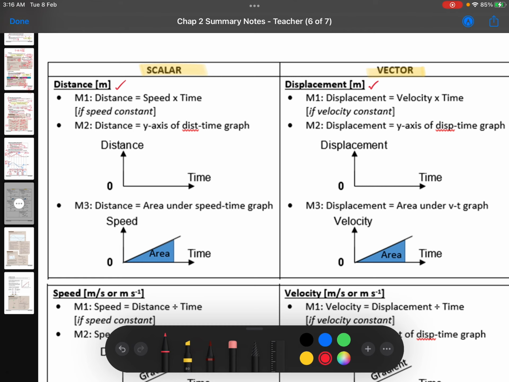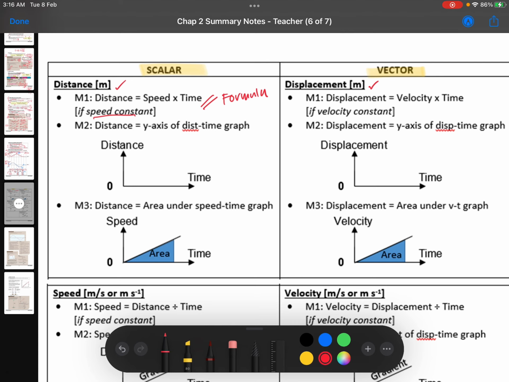So for distance calculation, method one is this. If you want to calculate the distance, method one is to use this formula. Distance is speed times time. Now this assumes that speed is constant.